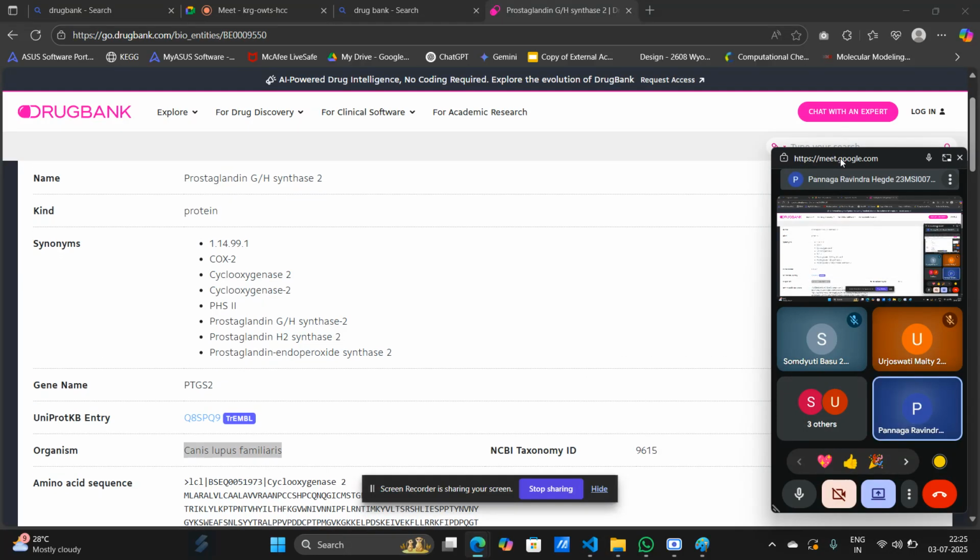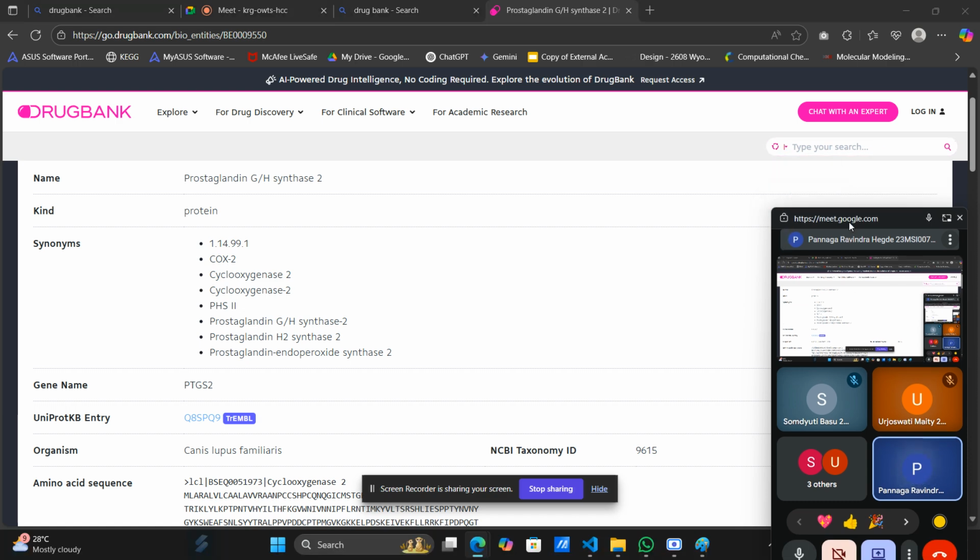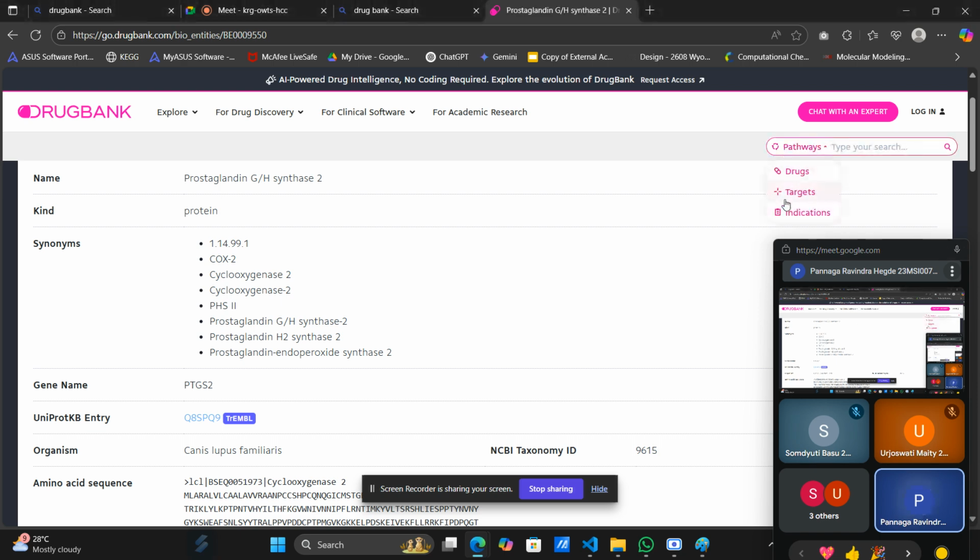And then let's check one pathway, and I'll tell you how to interpret whatever is present. Select pathways in DrugBank, and then write insulin signaling.